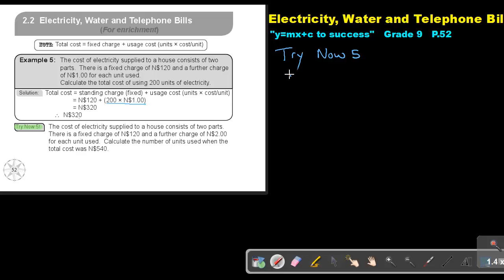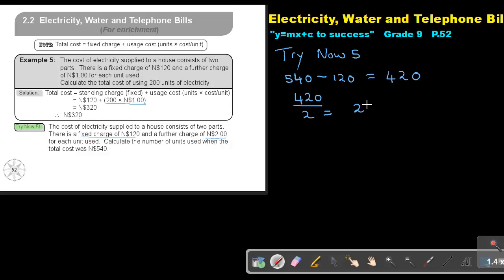I will first take the 540 and subtract the fixed charge, the 120. If I do that, I will come to an answer of 420. But now I want to see how many units they used. Now what is the reverse of multiply? It's divide. So I take the 420, and how much is one unit costing? $2 Namibian dollars.